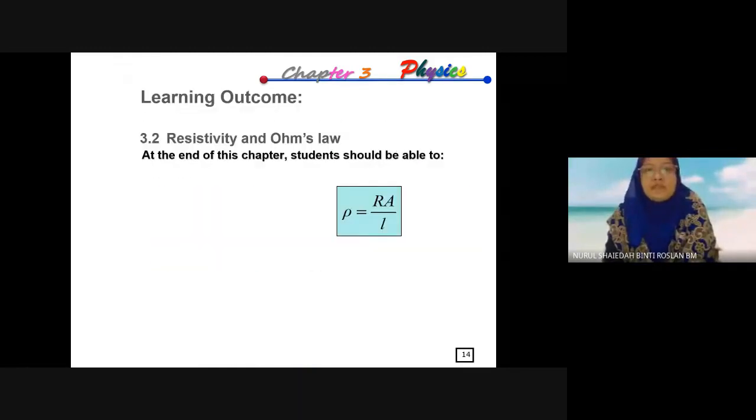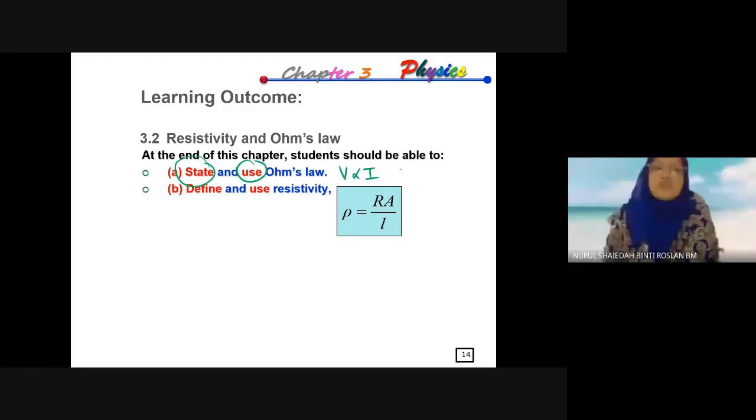Okay. We move on to resistivity. Resistivity and Ohm's law. Resistivity, the symbol is rho. Rho equals RA over L. First, you must state and use Ohm's law. You know V is directly proportional to I at constant temperature.